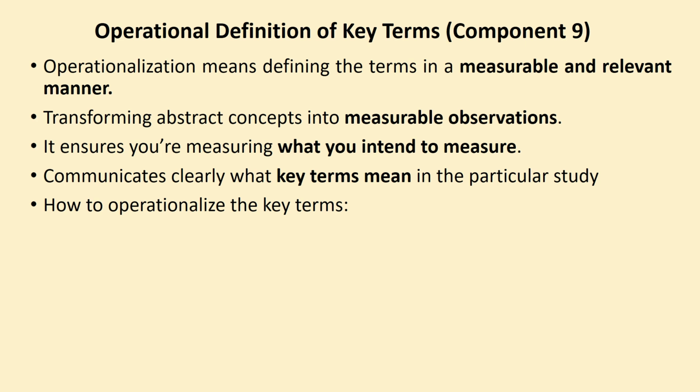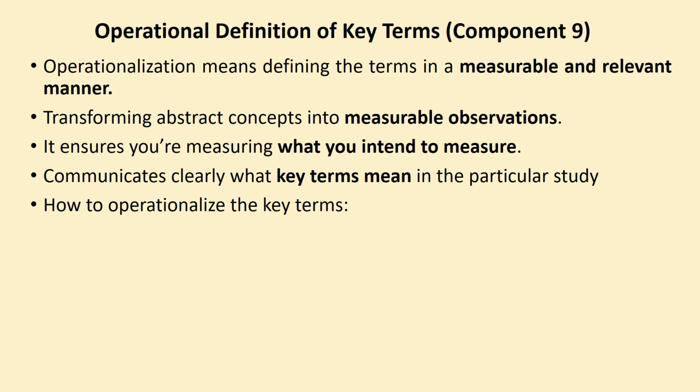You can understand it very simply: whatever you are thinking in a research, for example any variable, any trait, you have to define it in your particular research, within your context. That makes sense with operational definition of key terms, transforming abstract concepts into measurable observations.